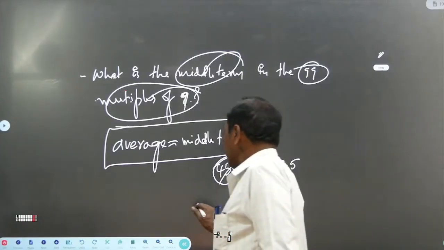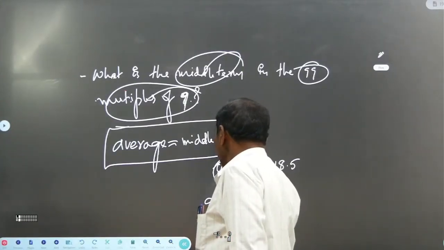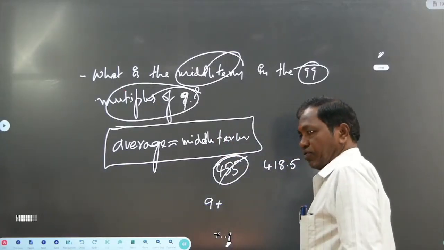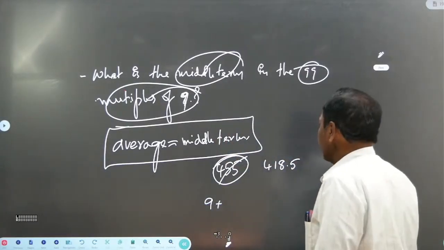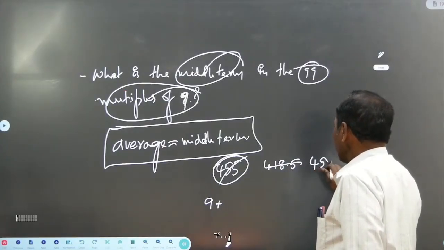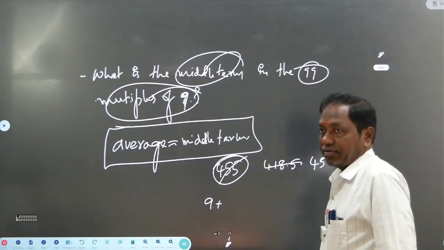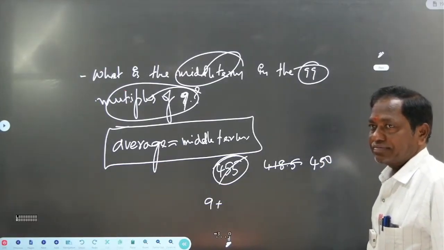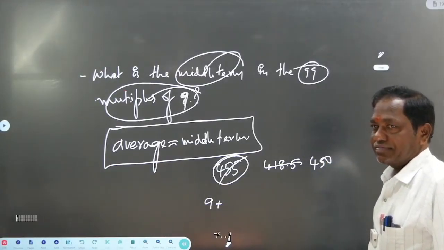Like you can say 450, sir. How? See that. Last multiple 891. What is 99 into 9? 891.